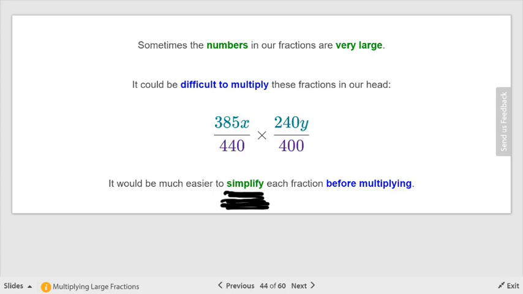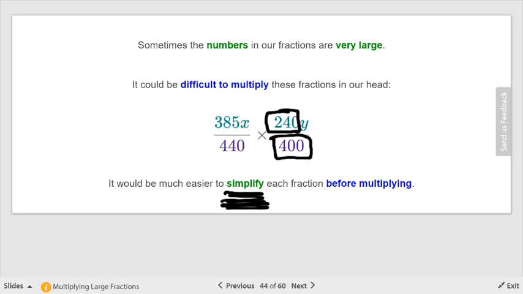Any numerator to any denominator. So, you can do this in stages as well. You don't have to do it all at one time. For example, I see that right here, 240 and 400 both end with what number? 0. Well, that means they'll both divide by 10, won't they? So sometimes it's easy to take it in pieces.